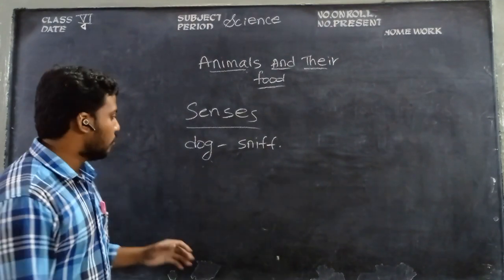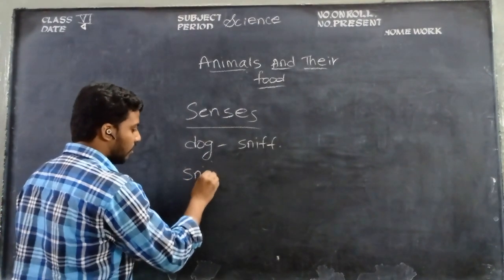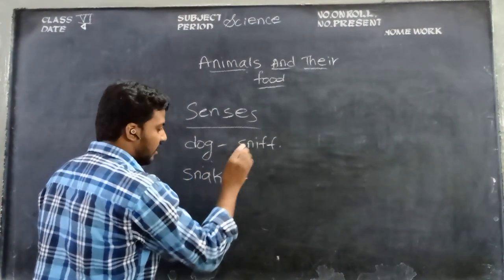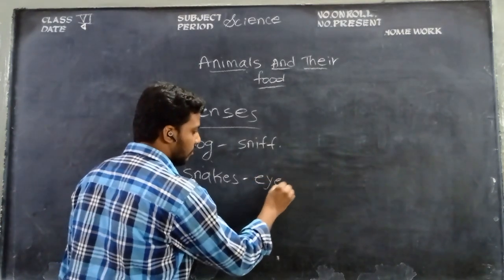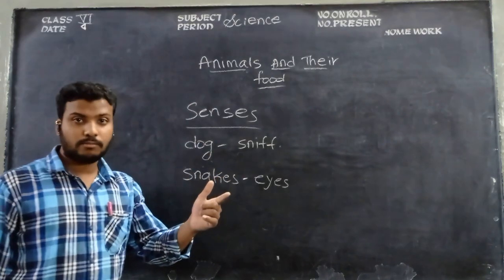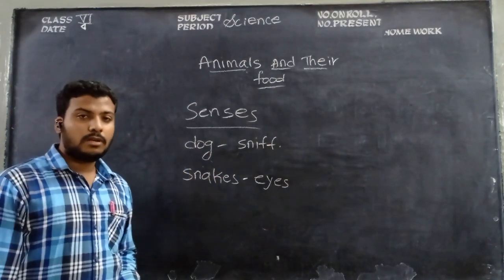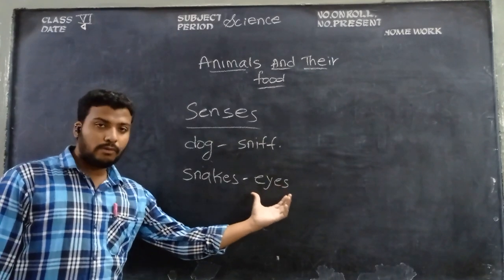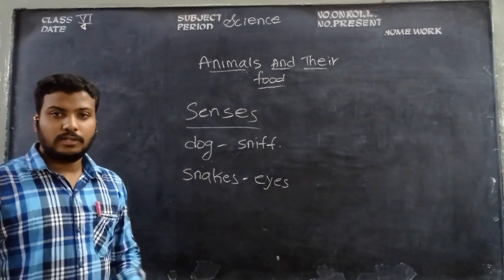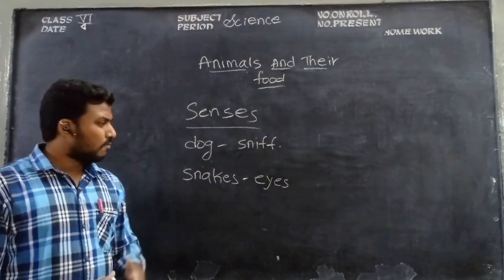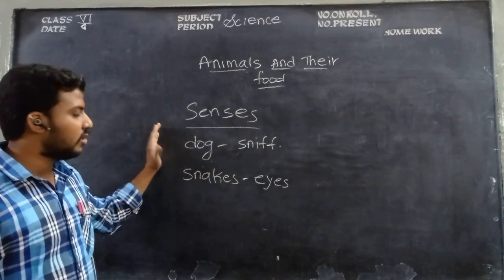Next, you might have seen snakes. Snakes depend on their eyes. With the help of their powerful eyes, they come to know which animal is present in the surrounding area. So simply we can say that senses are used for identification.